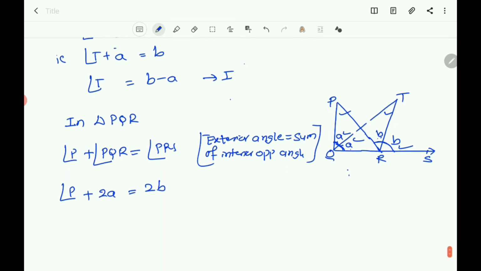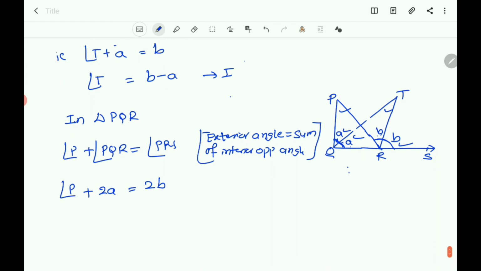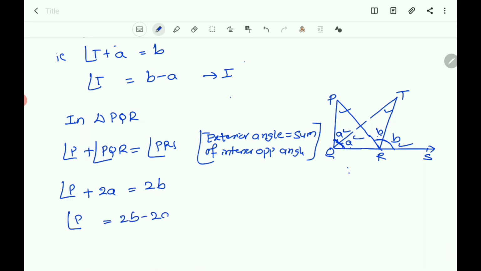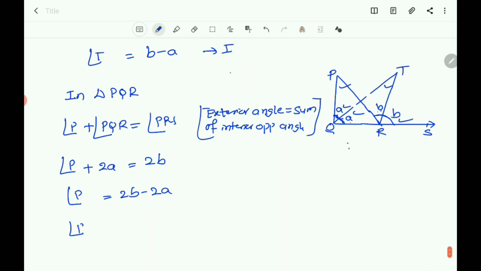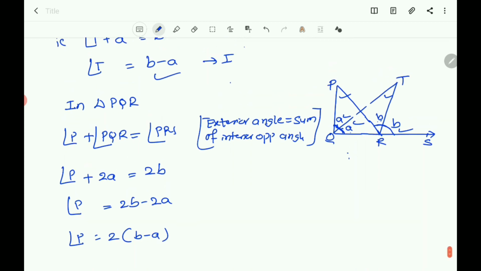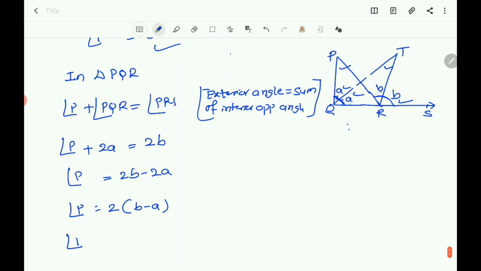In terms of A and B, PQR is 2A and PRS is 2B. So it becomes angle P is equal to 2B minus 2A, that is angle P is equal to 2 into (B minus A). So you know that B minus A is angle T. So angle P is equal to 2 angle T, from first.